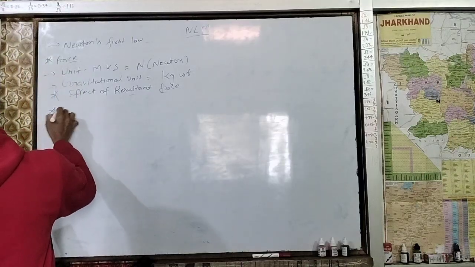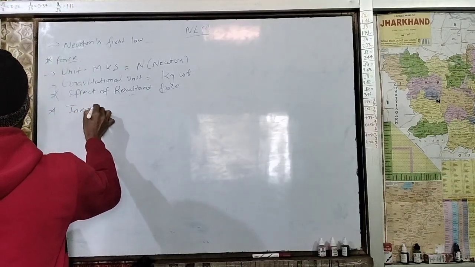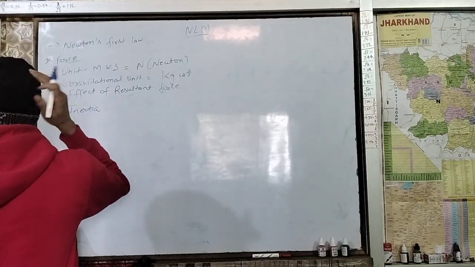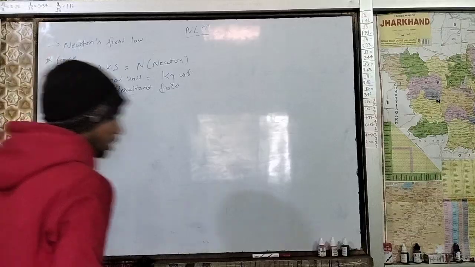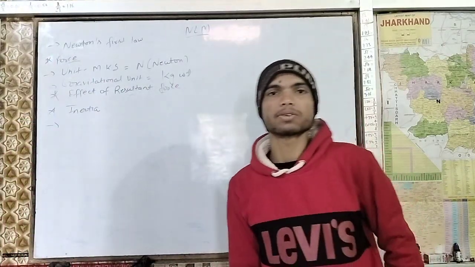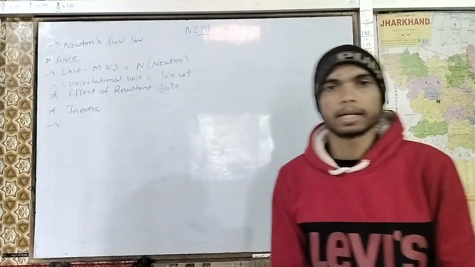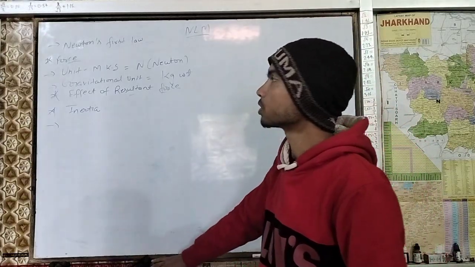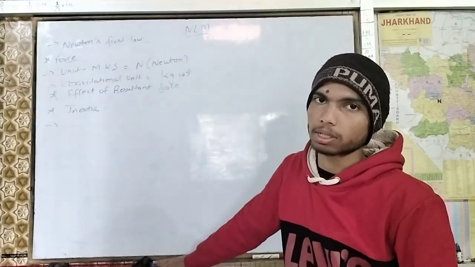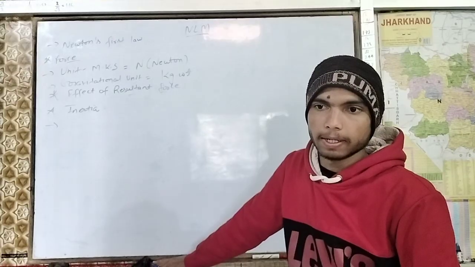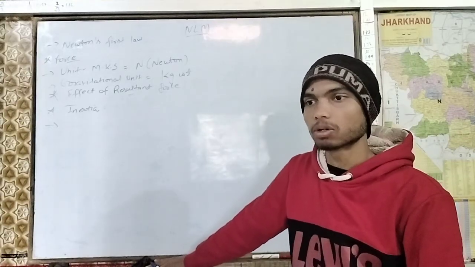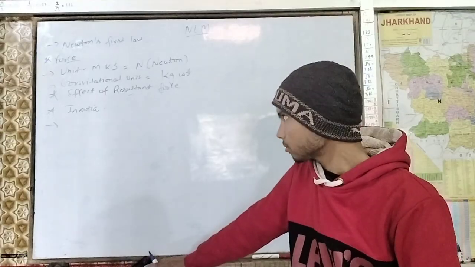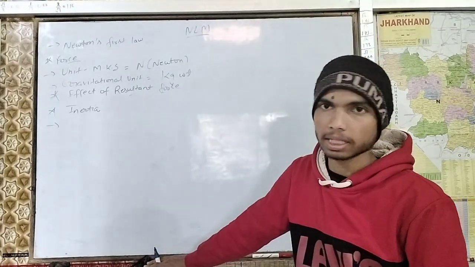So next we have inertia. This is also known as the first law of inertia. Whatever you saw about Newton's first law is also true for inertia. There are three parts of inertia: inertia of rest, inertia of motion, and inertia of direction.